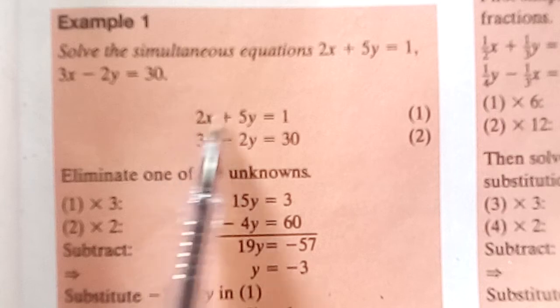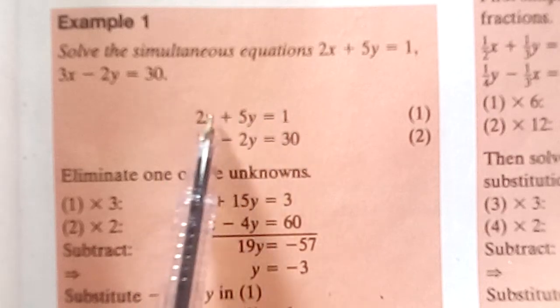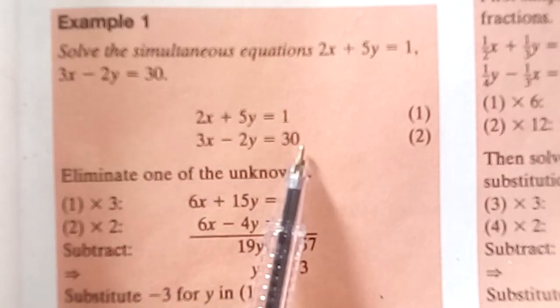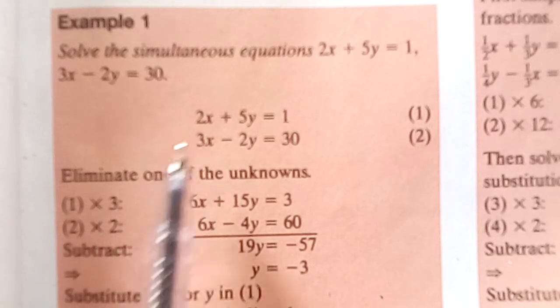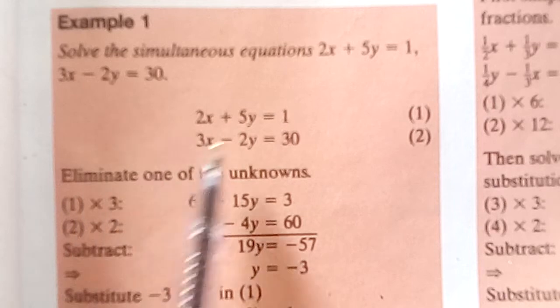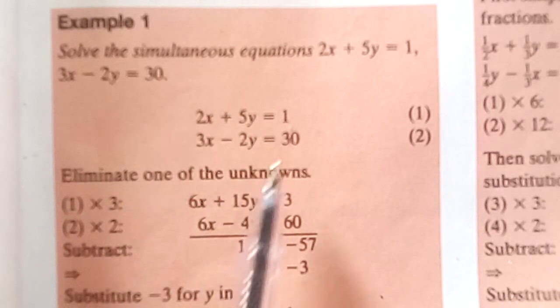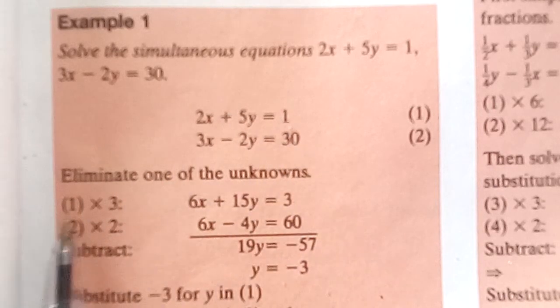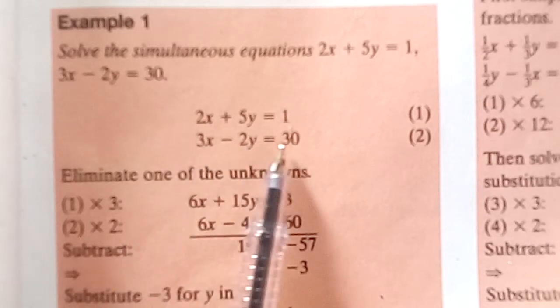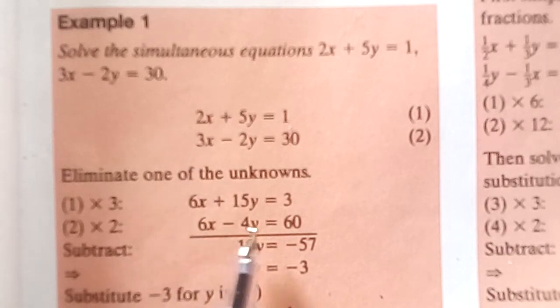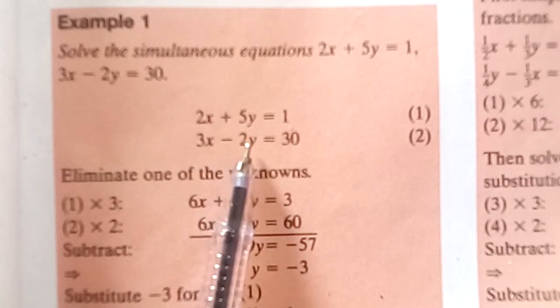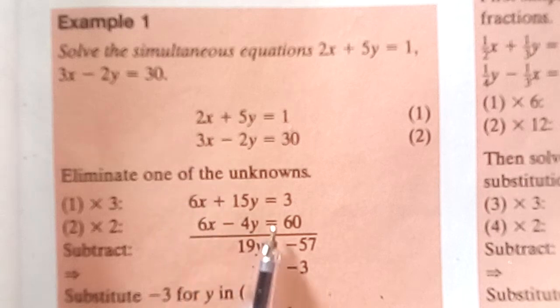We multiply the whole equation by 3 here, we have 6x plus 15y, that is 3 times 5y, equals 3. And we multiply the other equation by 2 to give us 6x minus 4y, that is 2 times 2y, equals 60, that is 2 times 30.